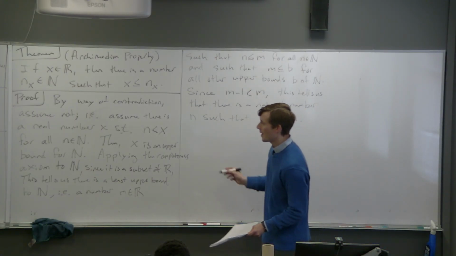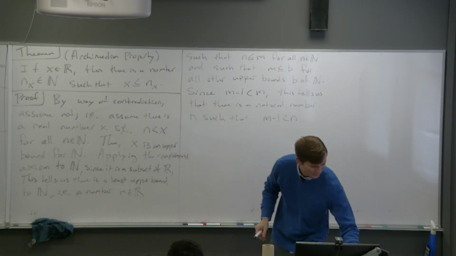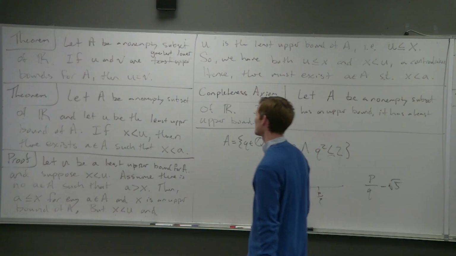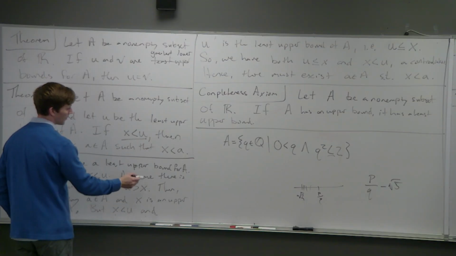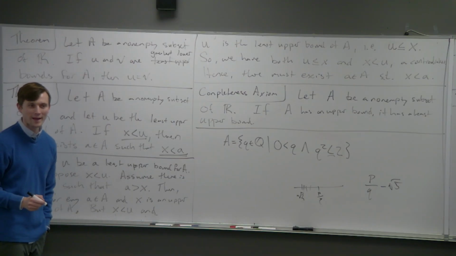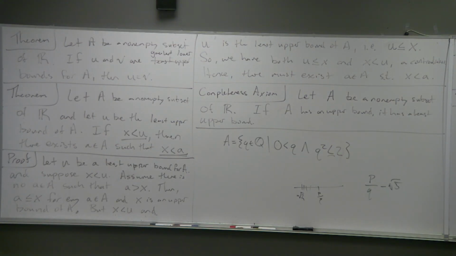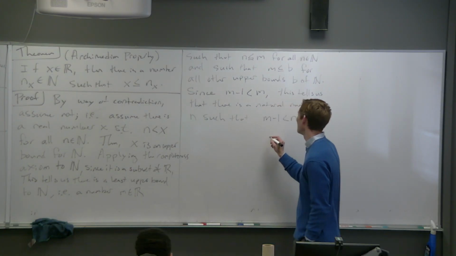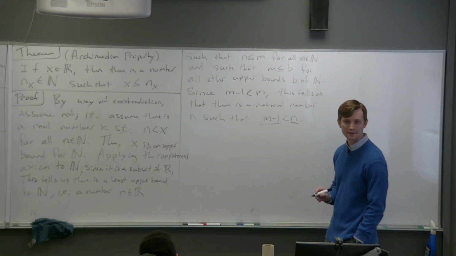That is, as we proved in the theorem over there, if x is anything less than the least upper bound, then there is some a in your set that is bigger than that x. Hence, m minus 1 is less than m, the least upper bound, so there is some natural number n such that m minus 1 is less than n.